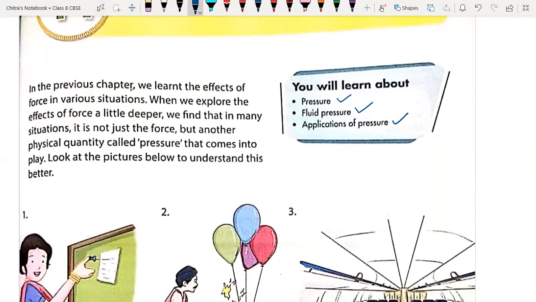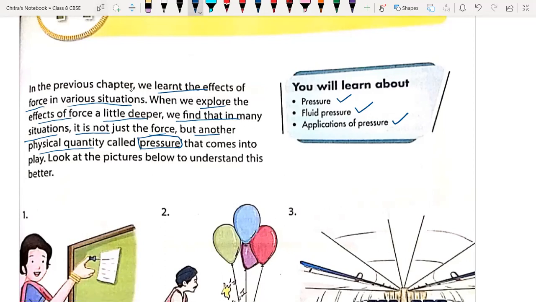In the previous chapter we learned about the effect of force in various situations. When we explore the effects of force a little deeper, we will find that in many situations it is not just a force but another physical quantity, which is the result of force and is called pressure.